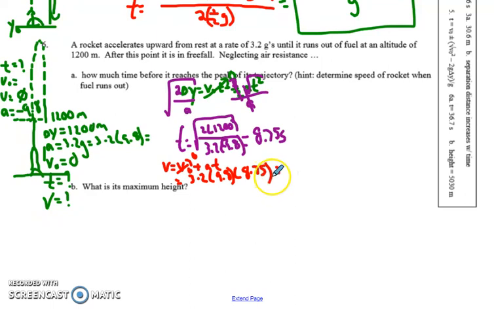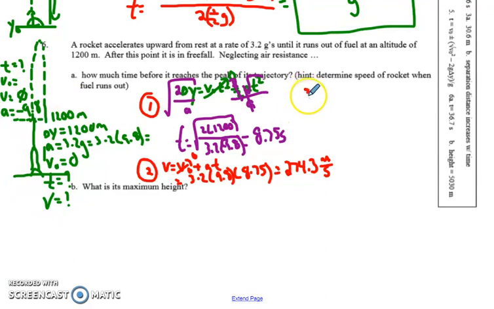And so that gets me a vertical speed at the end at 1,200 meters of 274.3 meters per second. So we got step 1, we got step 2, now we got to get the third step to figure out the time.